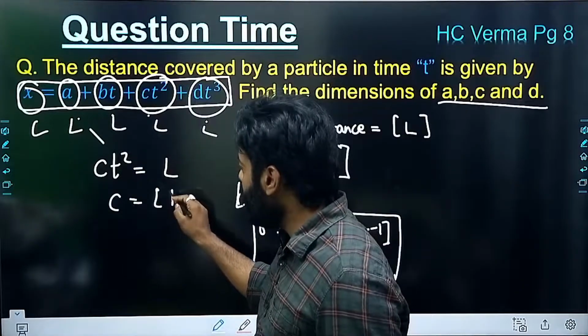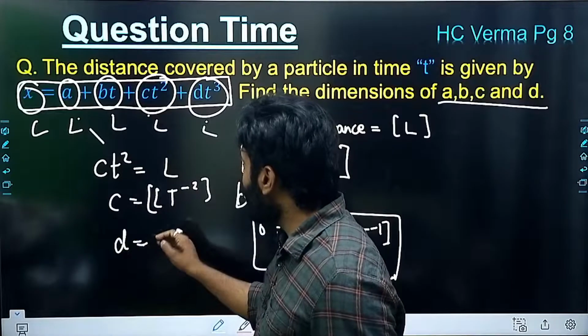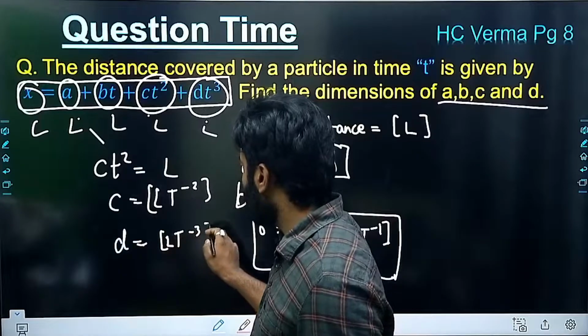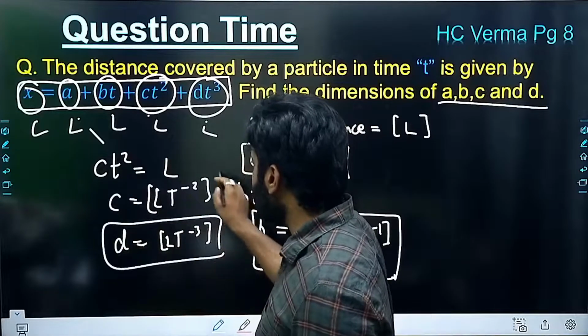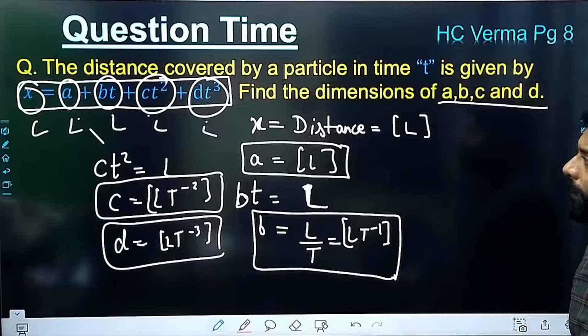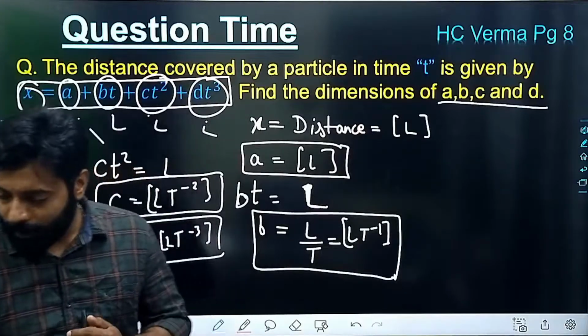C must be LT minus 2. What will be the dimensions of D? You can easily say the dimensions of D are LT minus 3. This is how you can easily find the dimensions, and you get to know the principle of homogeneity, right?